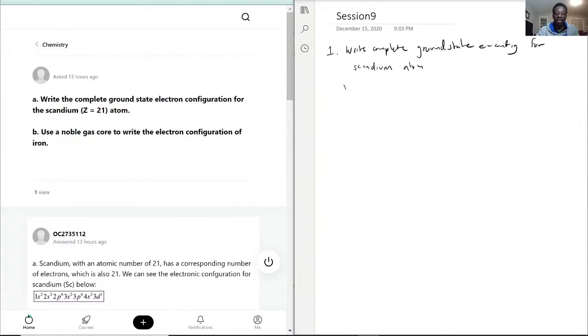And then B, it's asking us for noble gas shorthand notation. All right, so how do we approach this question?